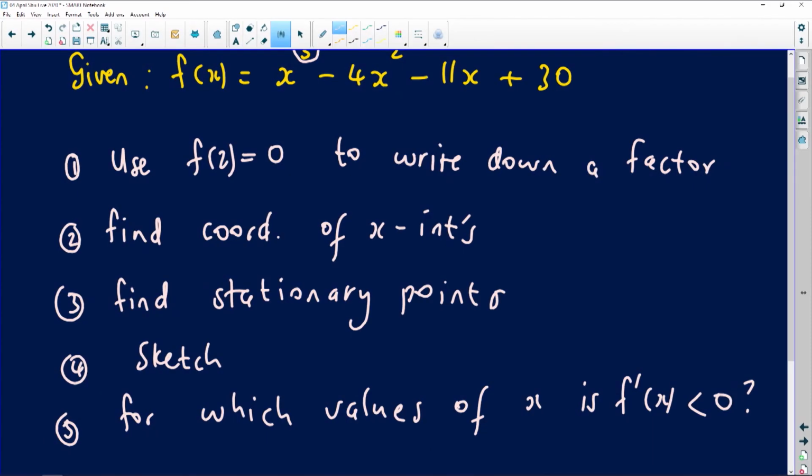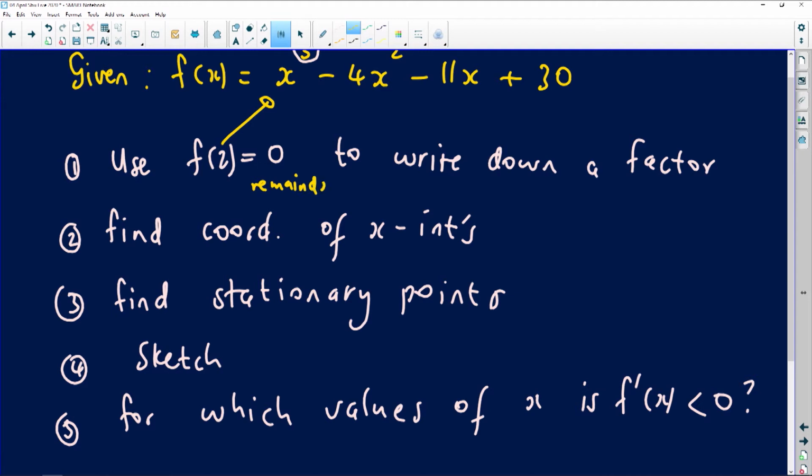So let's start. The first question says we need to use f of 2 equals 0 to write down a factor. Now remember, according to the factor remainder theorem, if f of 2 gives you an answer of 0, it means that x minus 2 is a factor. When you substitute 2 everywhere you see x and you end up with an answer of 0, this 0 is what we know as the remainder.